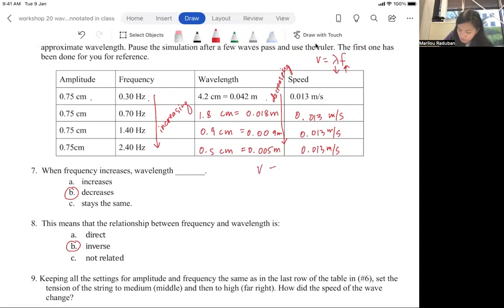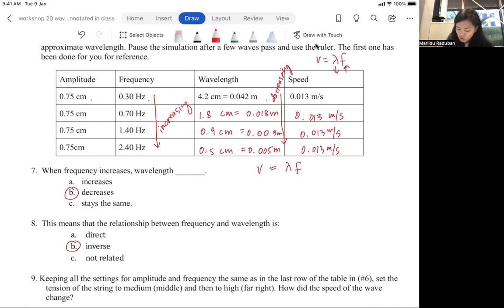From the equation, speed is equal to wavelength times the frequency. If you're comparing two variables, so here you're comparing the frequency with the wavelength, you need to rearrange your equation so that they're on opposite sides of the equal sign.